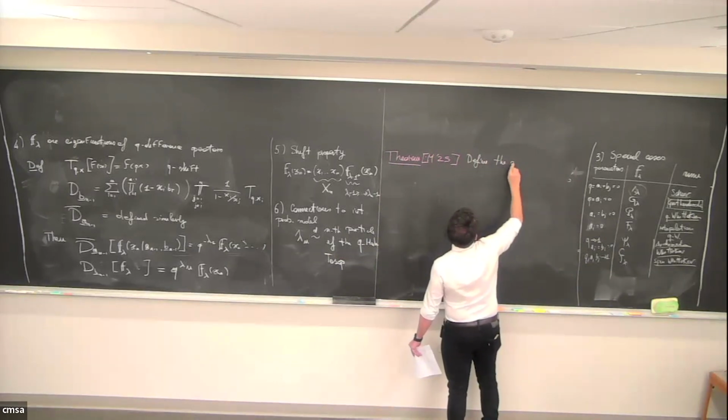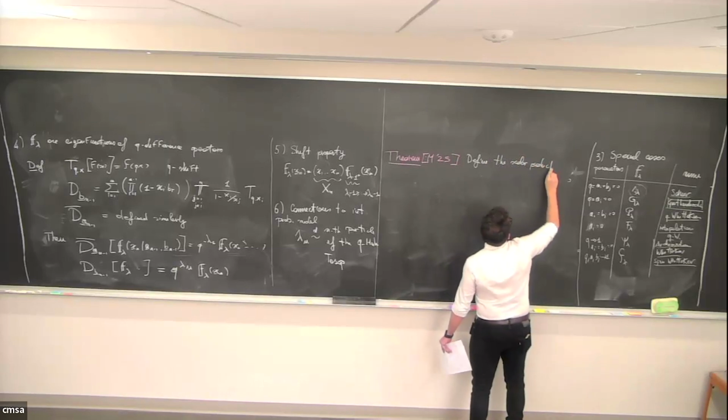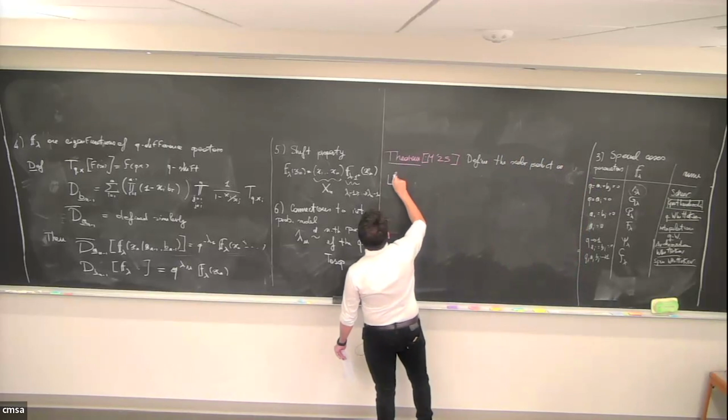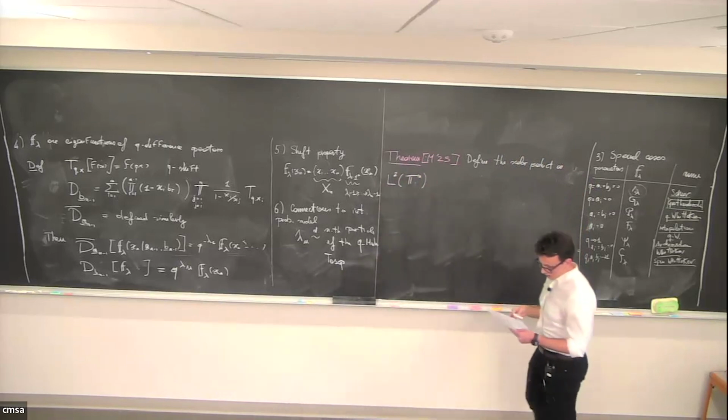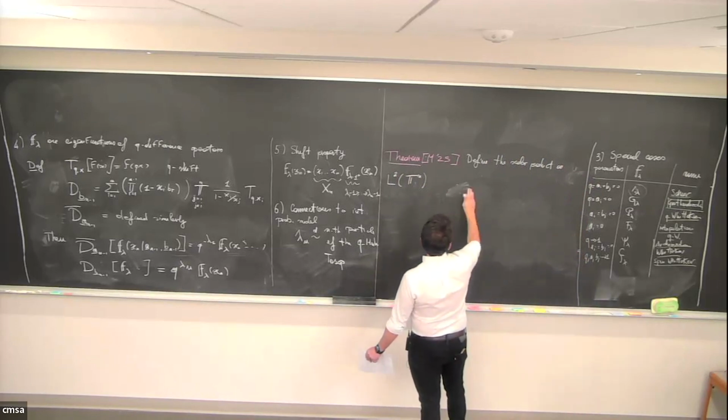Define the scalar product on L2 of the torus in n dimensions, n copies of the torus.